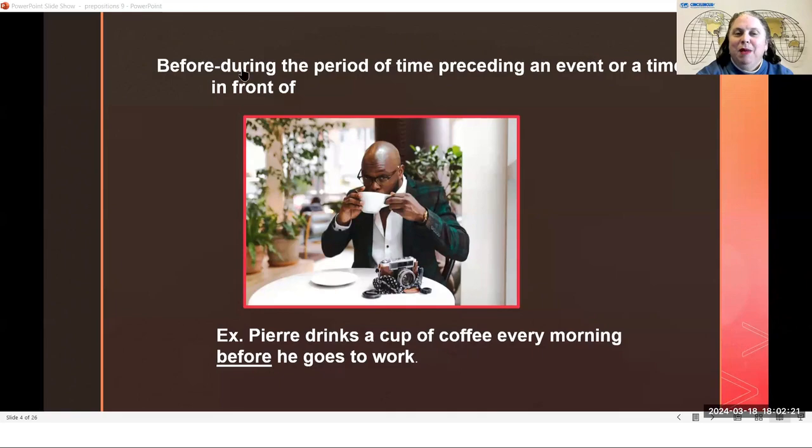Before can mean here during the period of time preceding an event. So that's what we're going to do first, a period of time preceding an event. Pierre drinks a cup of coffee every morning before he goes to work. So when is he drinking his coffee? He's drinking it before something else happens.